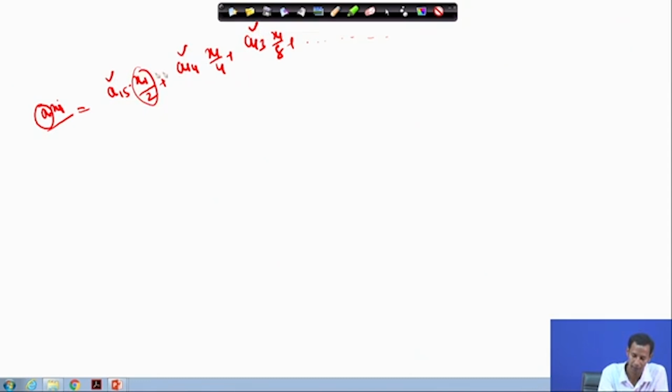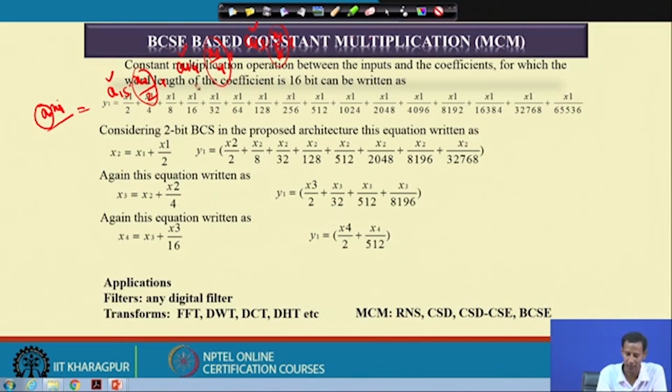So, at that time this equation can be written only in terms of x1, and that is basically written in this form, where I have removed the corresponding A position, considering that A 15 is 1.